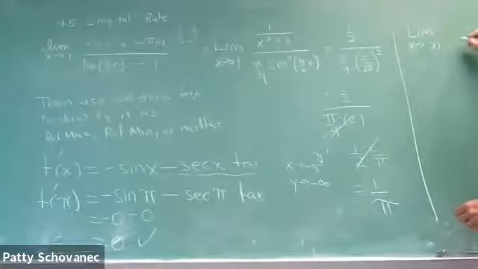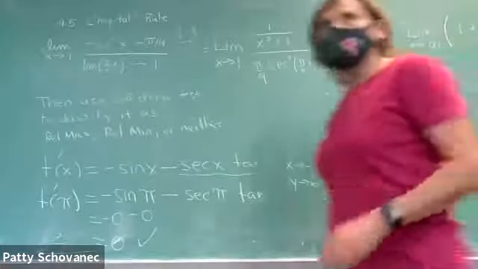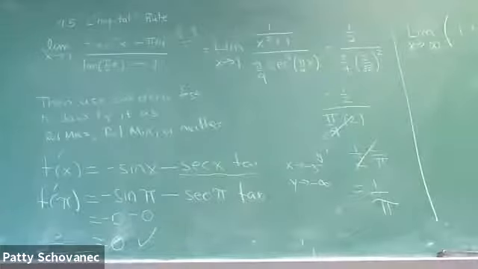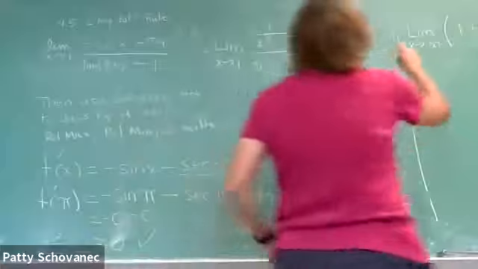Let's look at this one: 1 plus 1 over x, all raised to the x squared power. The power is going to infinity, and the stuff in the parentheses is going to 1. So this describes something of the form 1 to the infinity.